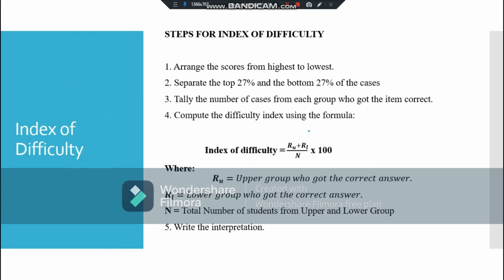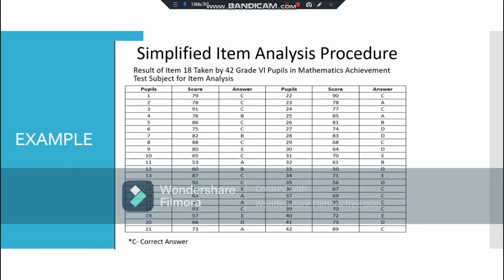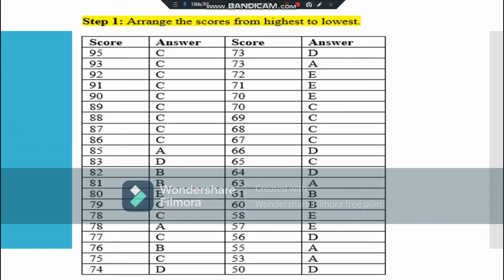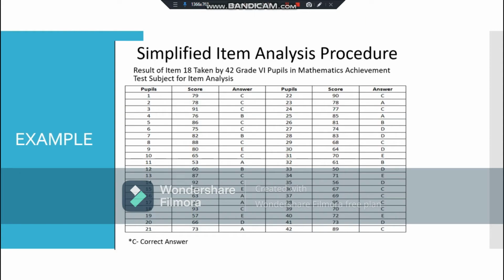So here are the steps we should do to determine the index of difficulty. Here we have an example. This is the result of item number 18 of a mathematics achievement test taken by 42 grade 6 pupils.